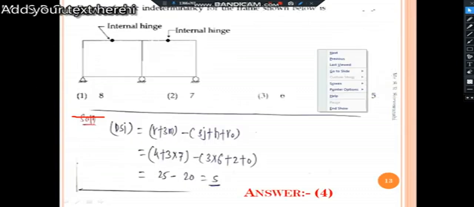For a simply supported beam AB of span L with point load W at point C, Z meter from the left support, the ILD for bending moment at C is, means for a simply supported beam we have to plot the ILD for a certain section. Again this is the standard case: the simply supported beam is there, and the point C is there.